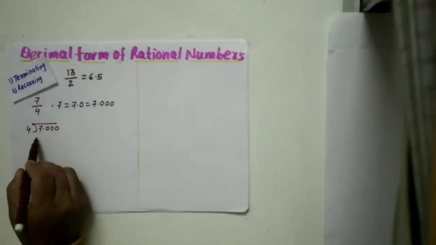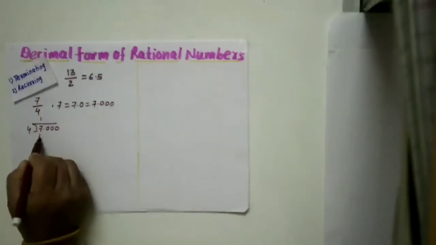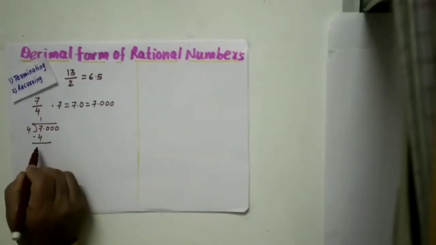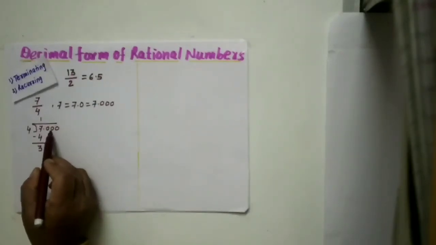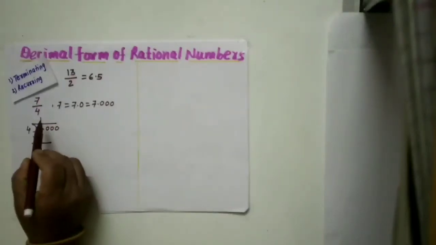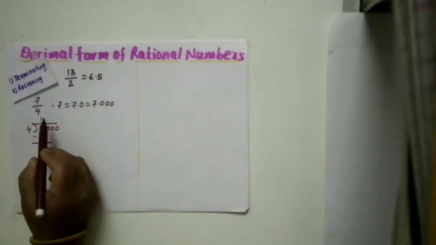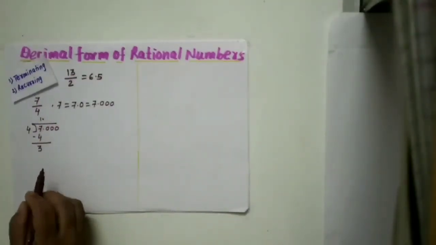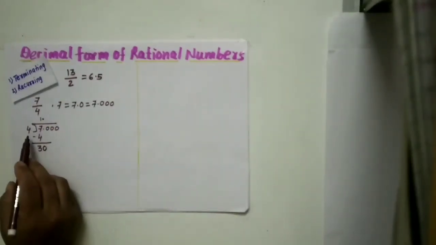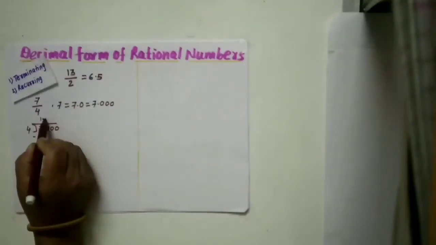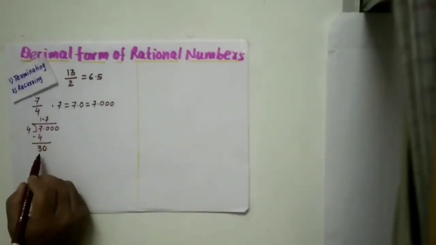Now 4 ones are 4, here remaining 3. Now we take the next number, that means zeros. Before the 0 the decimal point is there, so in the quotient also after 1 put a decimal point. Take 10. Now 30 is there. Now 4 sevens are 28.